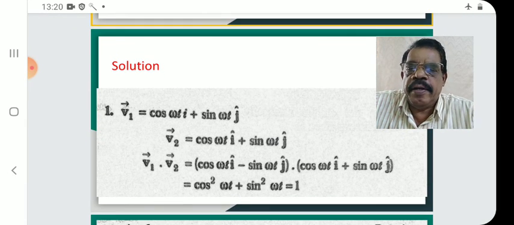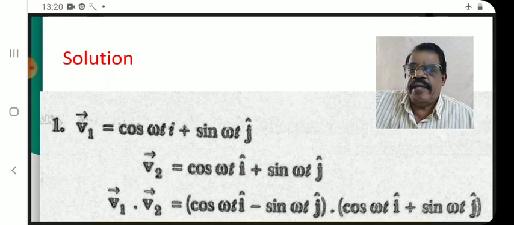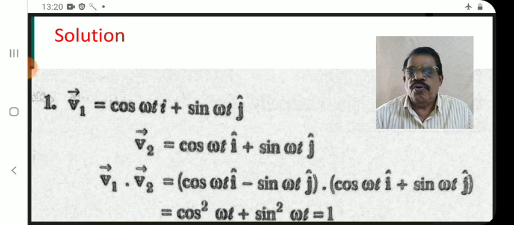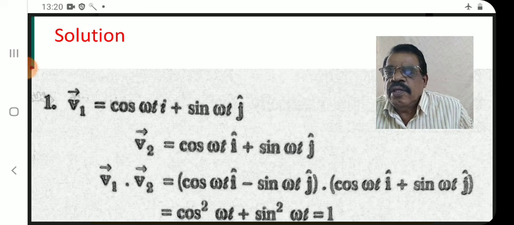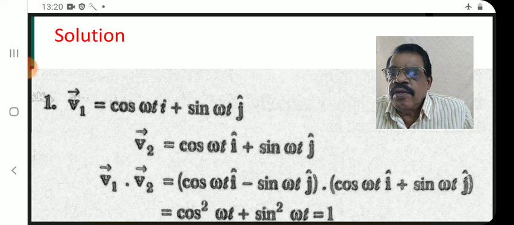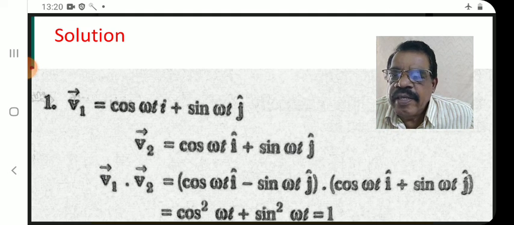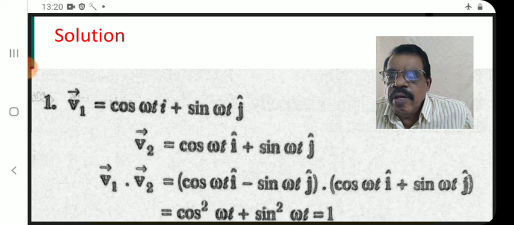The answer is 1. The reason is we have to find the velocity, which is given in vector form, so we have to find its modulus. To find the numerical value, we take the modulus, or multiply by its complex conjugate.